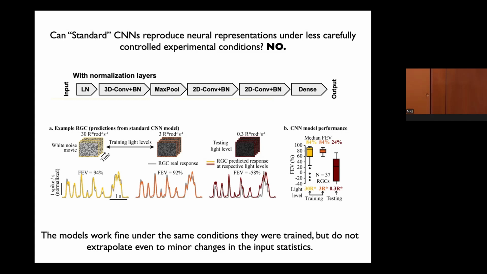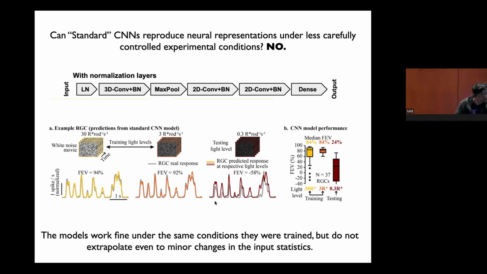And then the third light level, shown here on the far right, at which the model was not trained, it does very poorly. In particular, you probably noticed that part of what's happening is that the model's predictions are too fast. So the maroon curve, which shows the model's predictions of what's supposed to happen, tends to precede increases in the neuron's activity because the retina gets slower when the lighting conditions are dimmer.